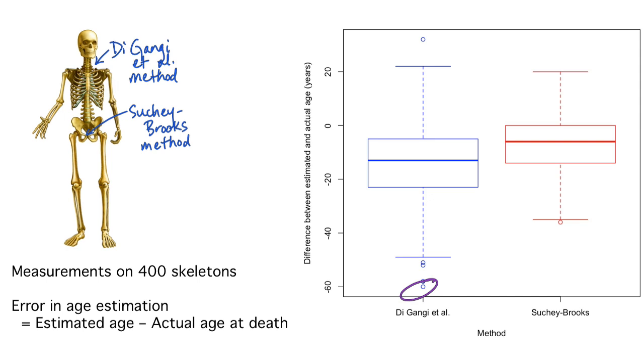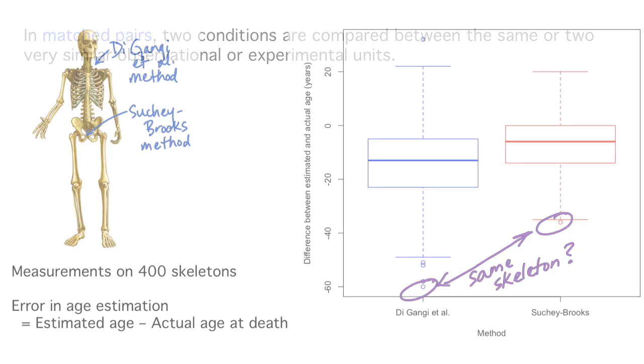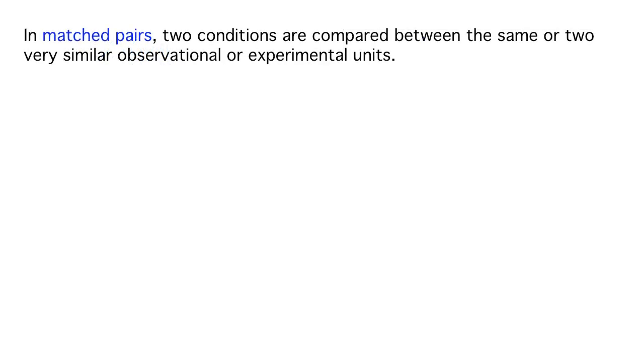Using the Saatchi-Brooks method, the largest underestimate was only 36 years. But are these even the same skeleton? Because these side-by-side box plots don't match up measurements on the same skeleton, this isn't the best representation of our data. This is an example of matched pairs.